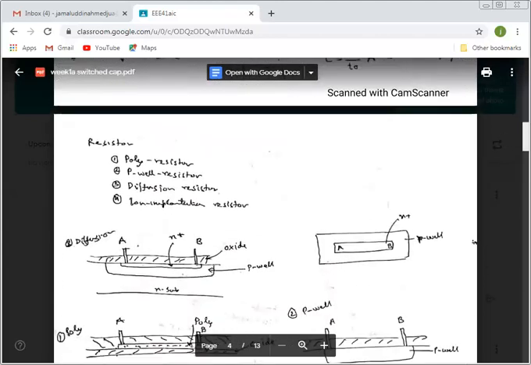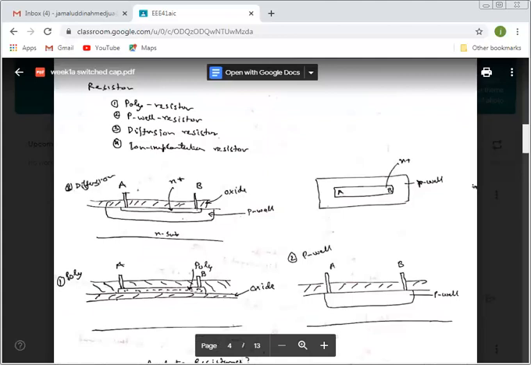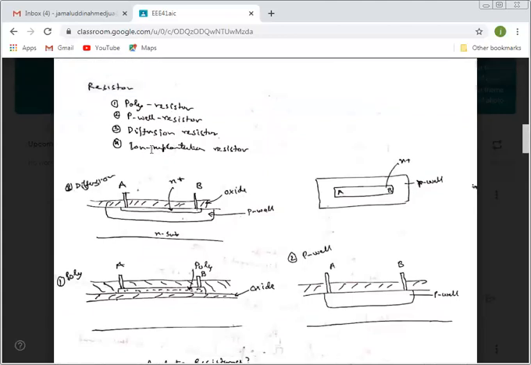How do we make resistance in the IC? There are four types of resistance: poly resistance, well resistance, diffusion resistance, and implantation resistance.